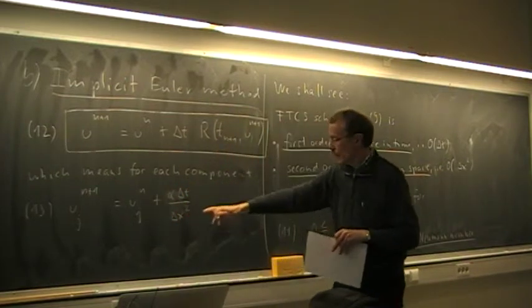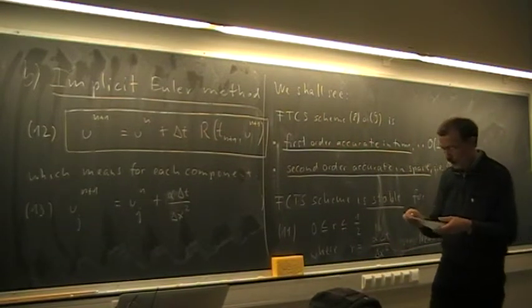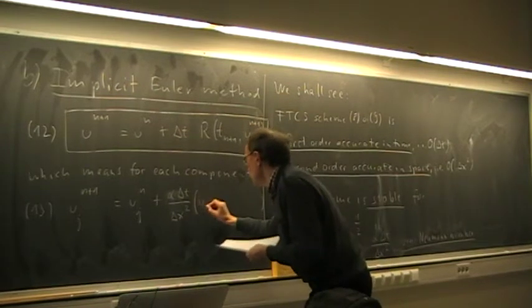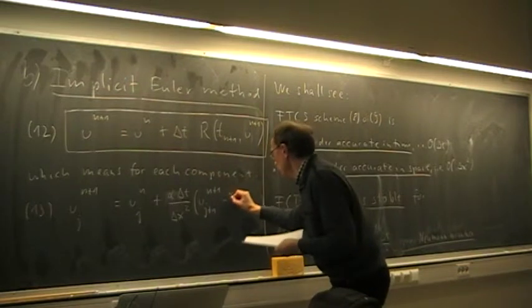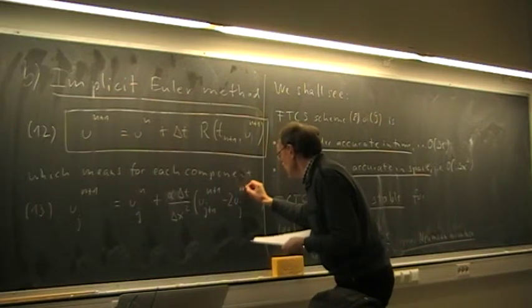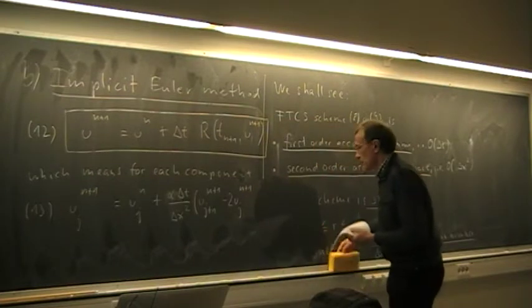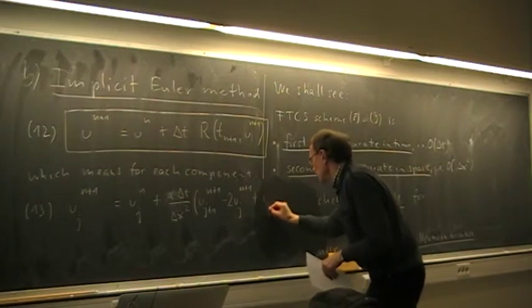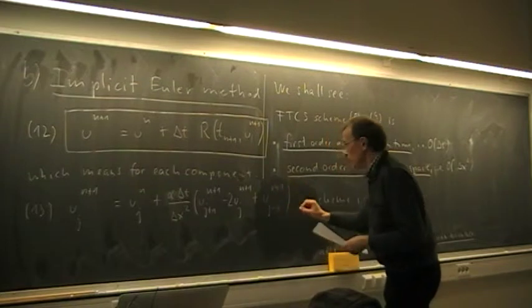That was the alpha over delta x squared, that was a part of the R. And then the jth row is u_{j+1}, but now at the new time level, minus 2 u_j at the new time level, plus the approximation at grid point j minus 1 at the new time level.